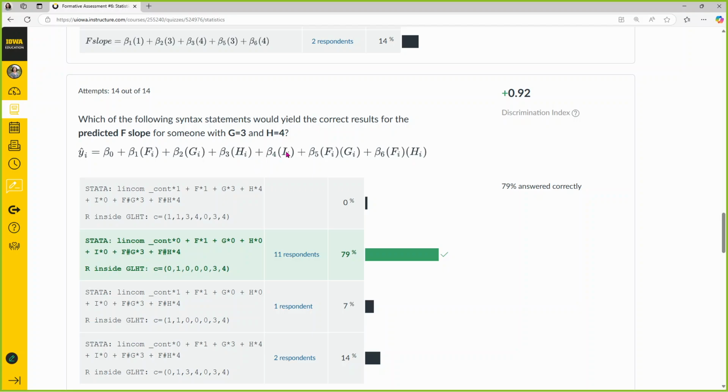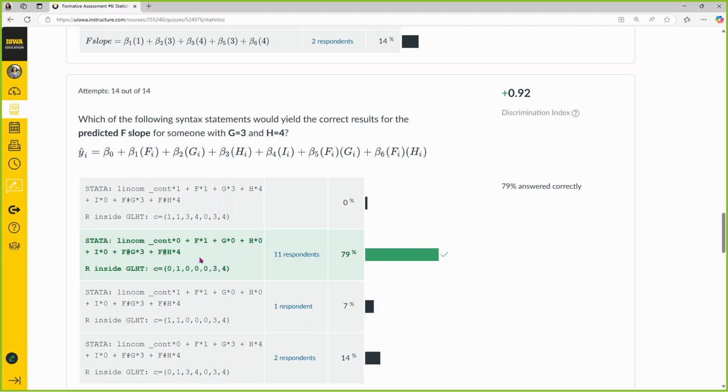And i does not have a value here, so we're assuming that to be 0, held constant. Then we have our 3 and the 4 for our g and our h, our last 2. F has been factored out, which is why we are left with 3 and 4, of which they do agree, the second and last one, but it's the middle one because we don't want to include the second and the third beta value.